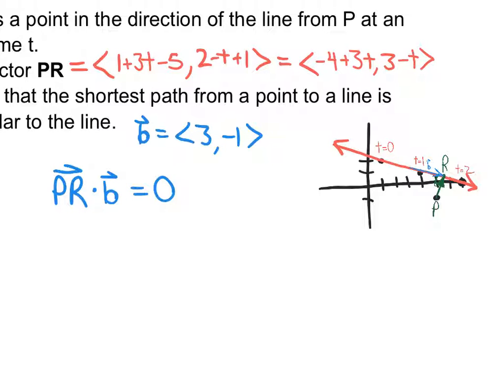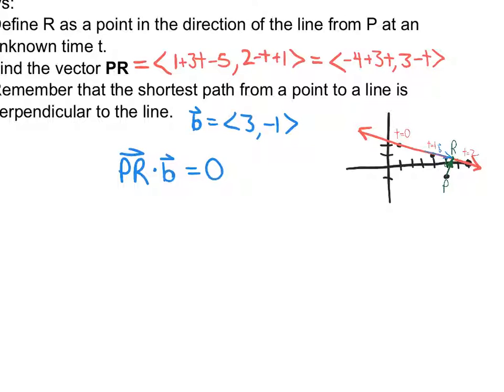That's why I'm doing the dot product equal to 0 here, guys. So PR is the vector negative 4 plus 3t, 3 minus t. And B is the vector 3, negative 1. And I want to make that equal to 0.